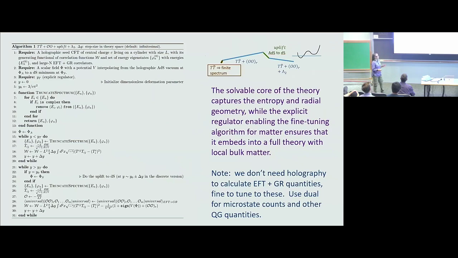But, let's face it, nobody needs holographers to do effective field theory. This comes up in cosmology meetings, where theoretical cosmologists would love it if somehow it was needed for them. Of course, it's not that effective field theory calculations are our job when we think about quantum gravity.